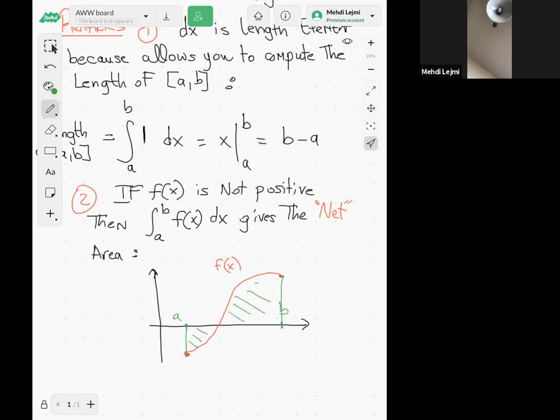Obviously this function f is not positive, so this region is under the x-axis. Because it's under the x-axis, your function f is negative, so the area of this region comes with a negative sign. And this one, of course, because it's above the x-axis, comes with a positive sign.